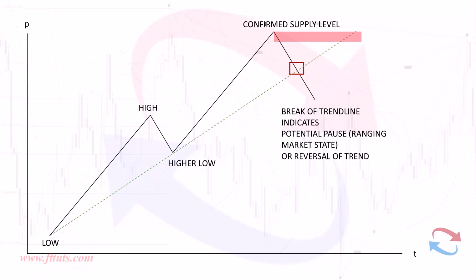So this would be a confirmed supply level up here, because what we're expecting is the market to enter a range. So go from a trending market to a ranging market, and the first indication of that happening is if a trend line is broken. And then we expect the market to potentially go into a ranging market state.